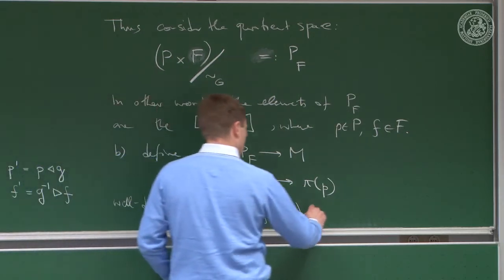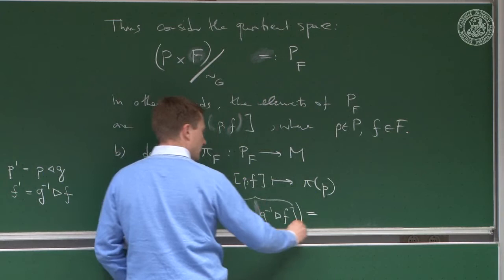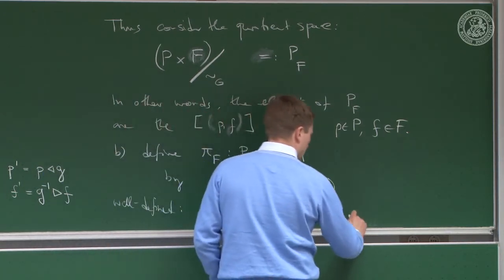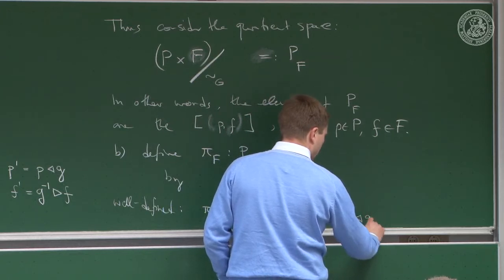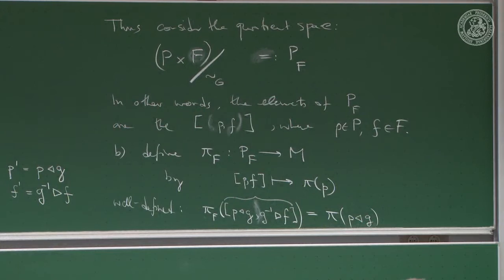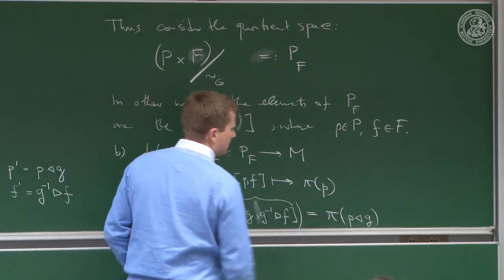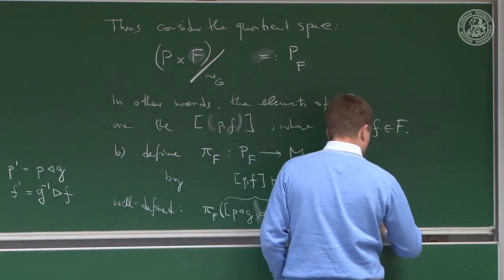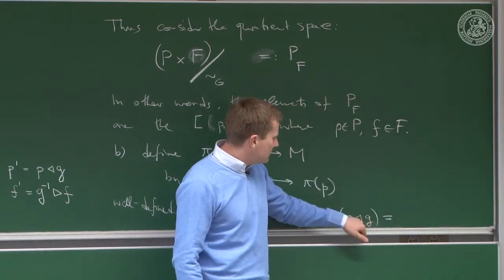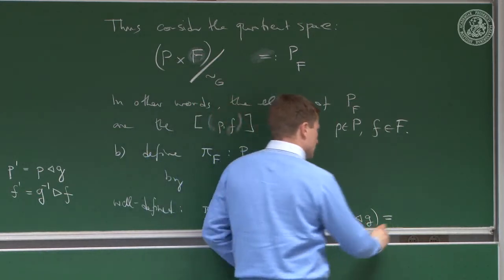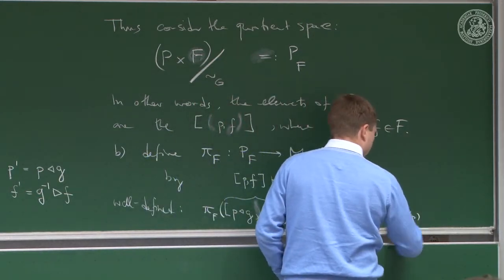Okay, so now I apply the rule nevertheless. This is then, by definition of pi_F, pi of P acted upon from the right by G. And because this is the projection of a principal bundle, we recall that this G only moves us within the fiber. So this is the same as pi of P.